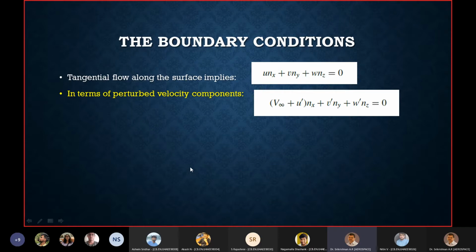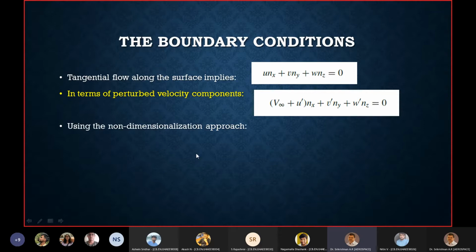So v infinity plus u dash. So that's the second step. Similarly, in the other two dimensions, since the initial velocity is 0, what we have is v dash and w dash respectively. So that's the perturbation form of the boundary conditions as far as the velocity components are concerned.